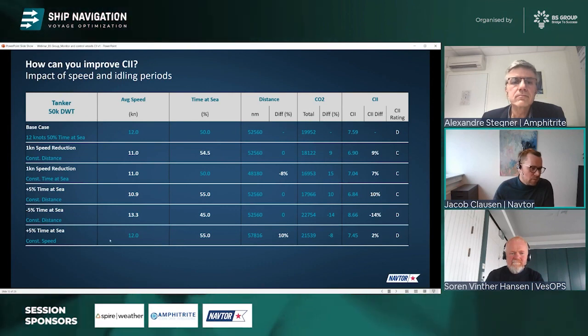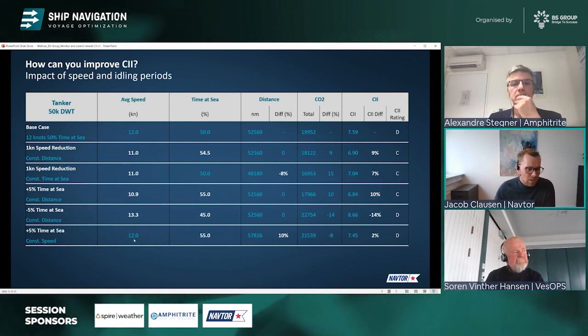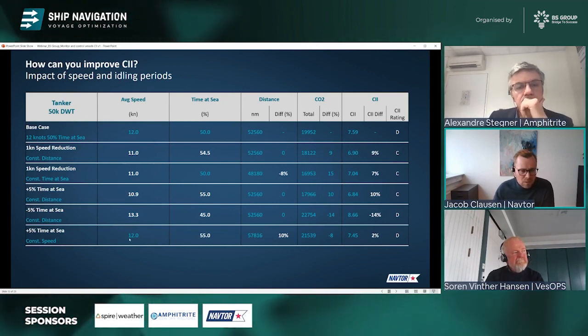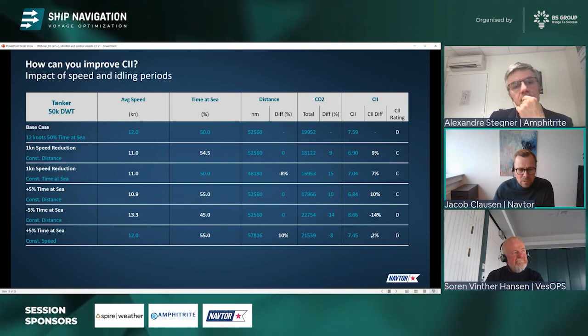Yeah, and the other part here is plus 5% time at sea, but keeping a constant speed. So we maintain the same speed as the base case, and here we see a small change as well, but not very significant.